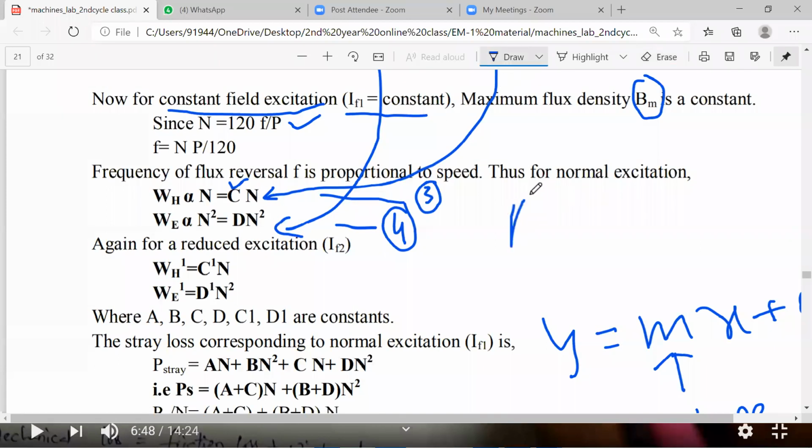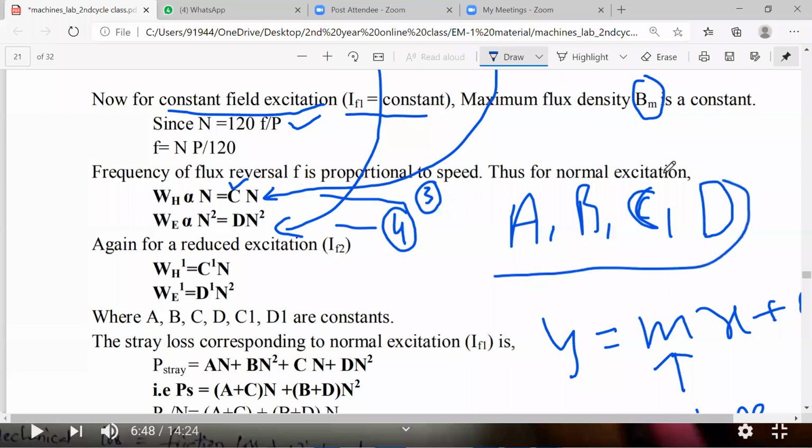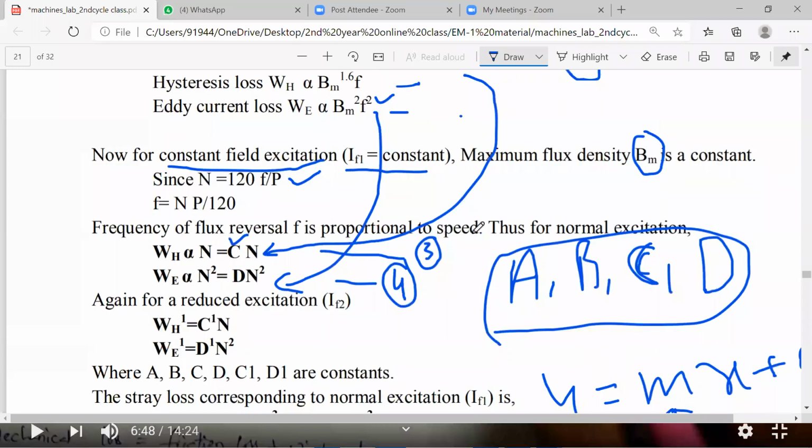We find out the constants A, B, C and D from this test, and we can determine these losses: brush contact losses, mechanical losses, hysteresis losses, and eddy current losses.